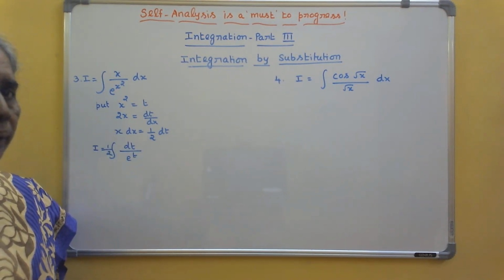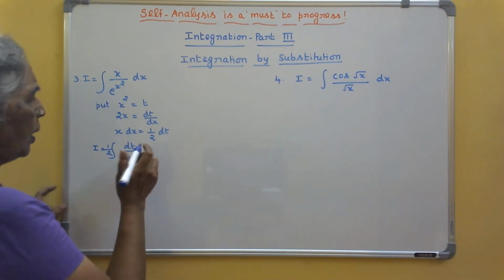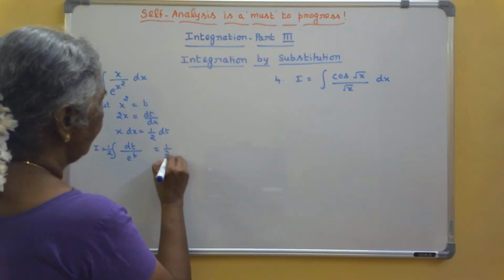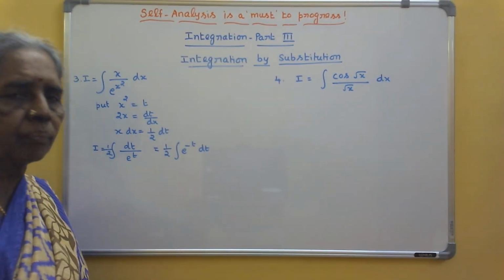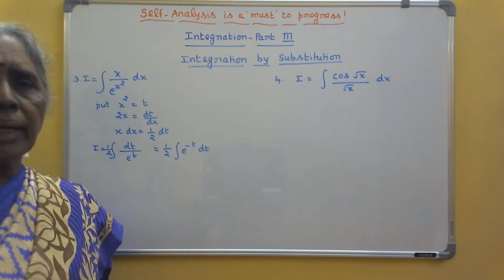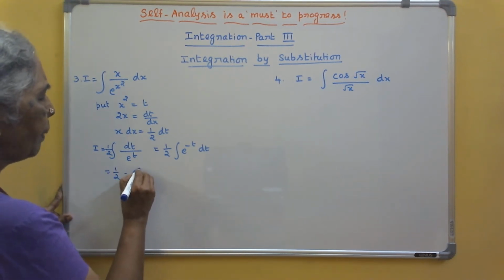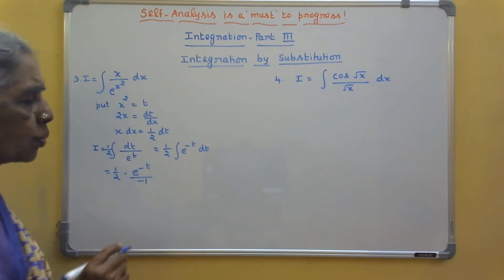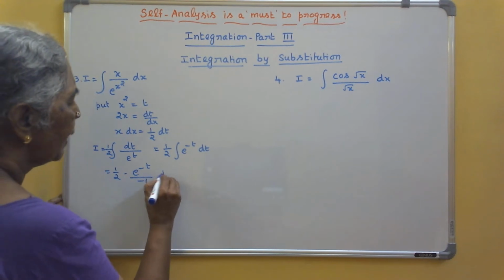You know, you cannot integrate keeping anything in the denominator. So now let me write it as half integral e power minus t dt. So when you integrate e power minus t, you will get half e power minus t by minus 1, because the coefficient of t is minus 1, plus c.